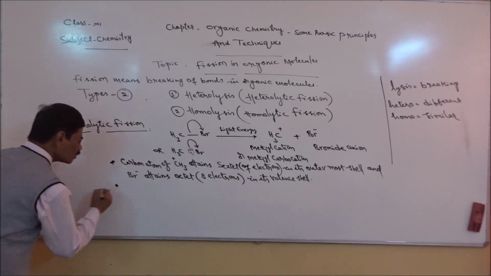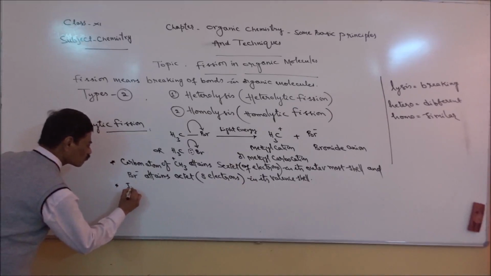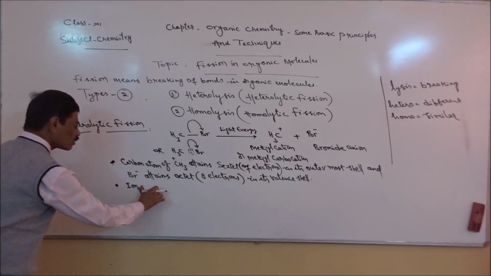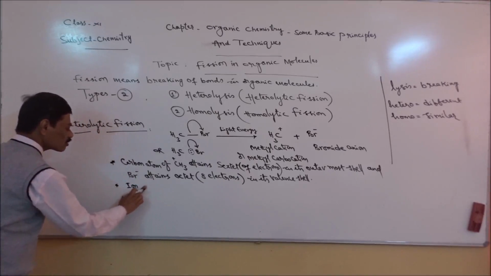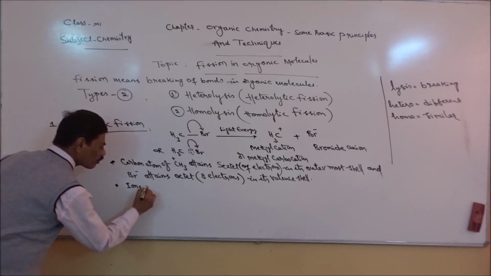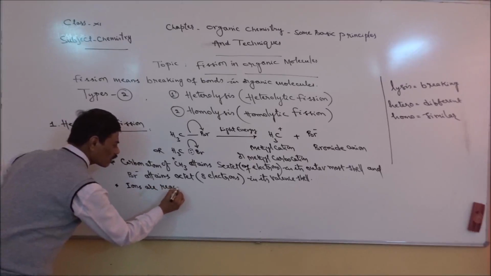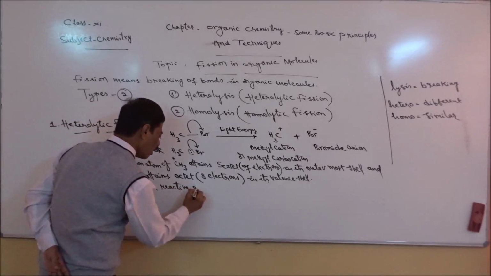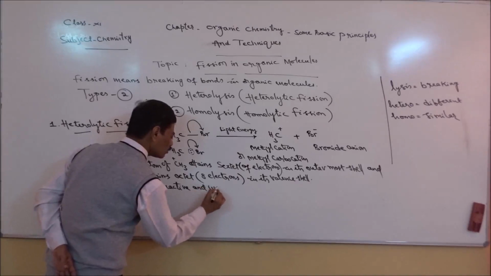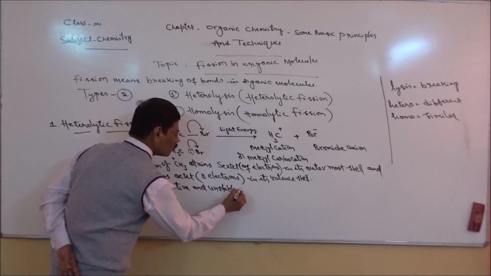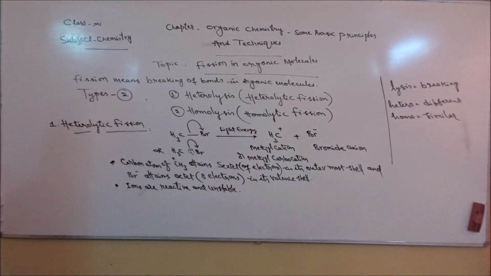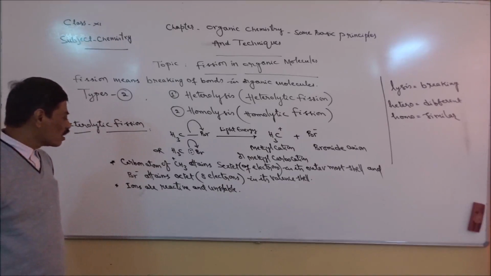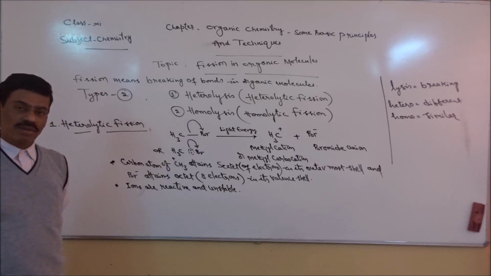Next, the so-formed ions are associated with a particular amount of charge. So they are reactive and unstable. Those which are reactive, right? They may be inorganic species, need not always be organic species, are always unstable.